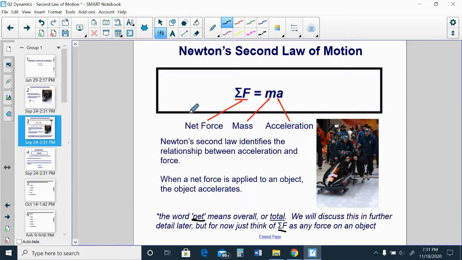So when you look at the equation here, sigma represents net, F represents force, so we have net force on the left side of the equation. Net force is equal to mass times acceleration, also known as F equals ma. That is Newton's second law of motion.